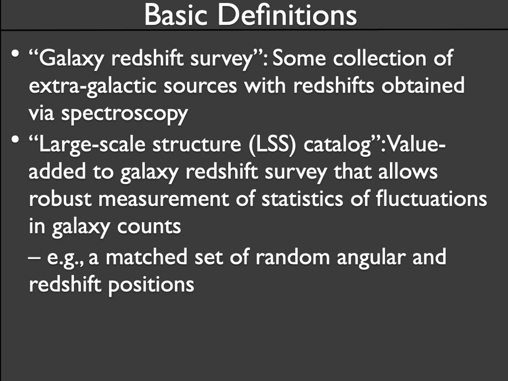And then the actual large scale structure catalog is adding value to that galaxy redshift survey so that we can robustly measure fluctuations in those galaxy counts, so that we can essentially measure clustering statistics, n-point functions, power spectra, etc. And often this would just be a matched set of random angular and redshift positions.